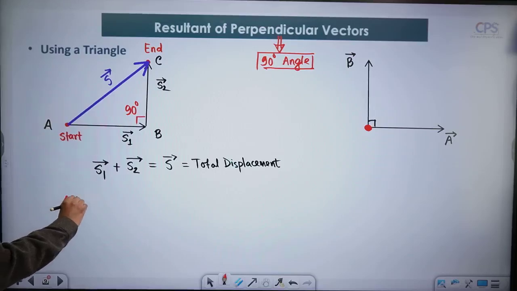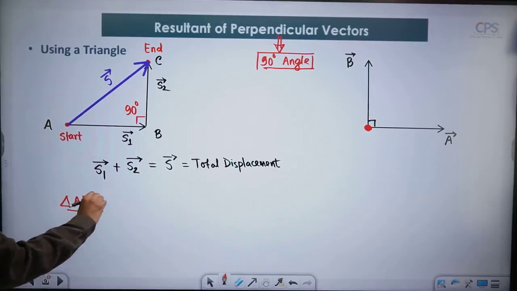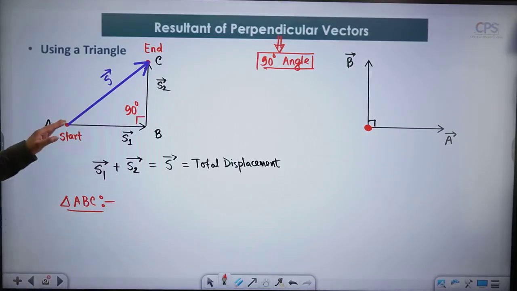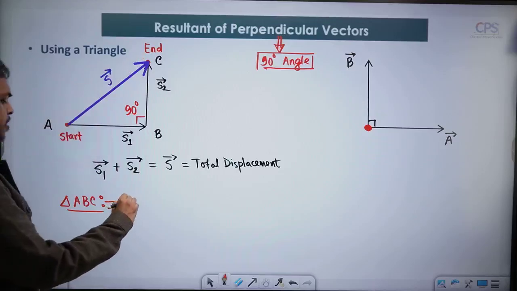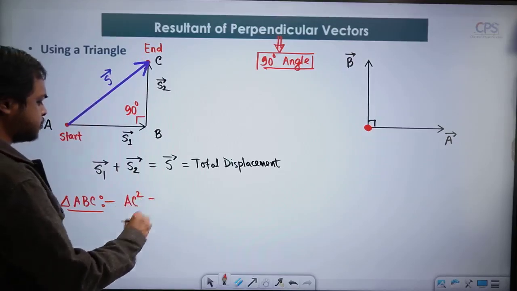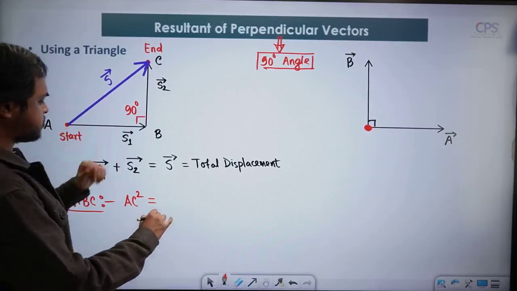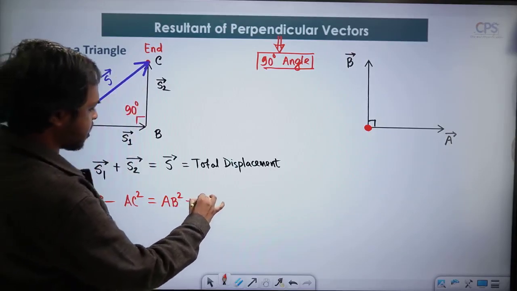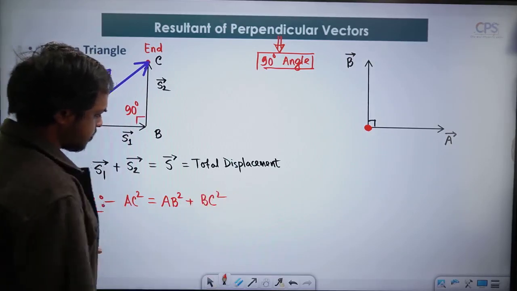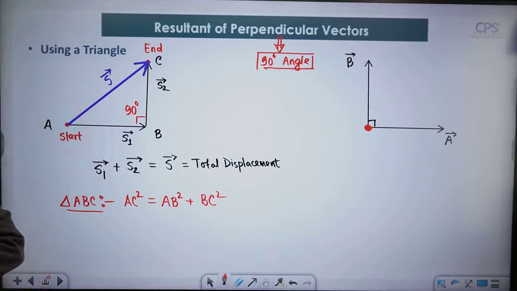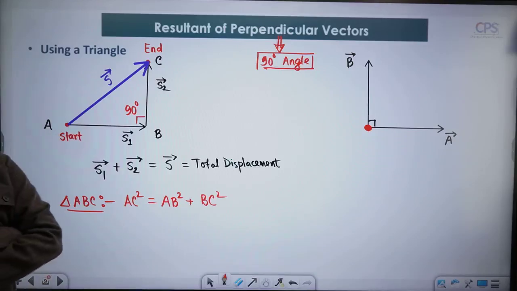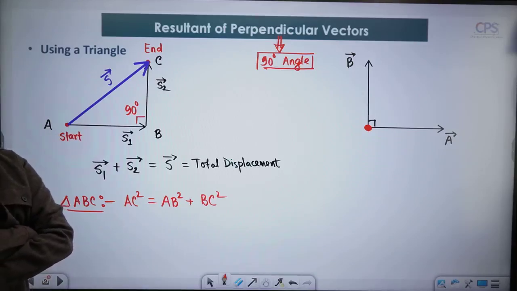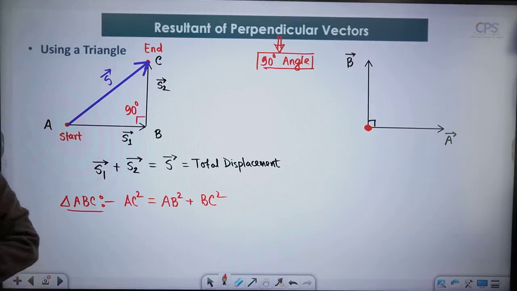For the triangle ABC, it says that AC square is equal to AB square plus BC square. The Pythagoras theorem. You have all studied it in your childhood, right? It's very easy.